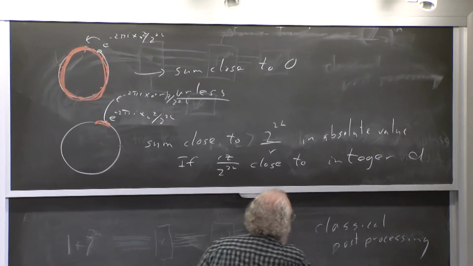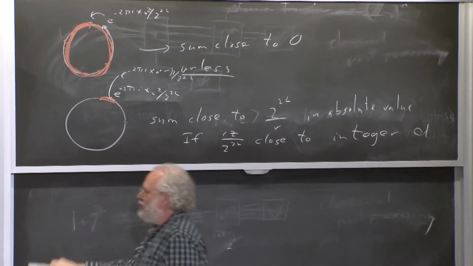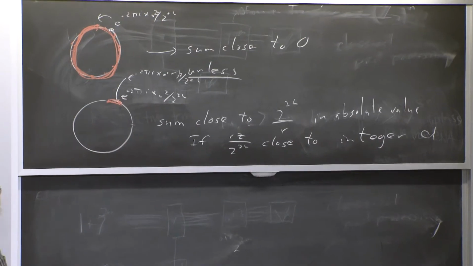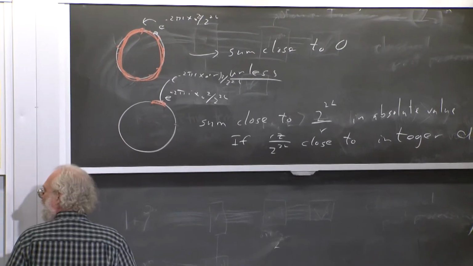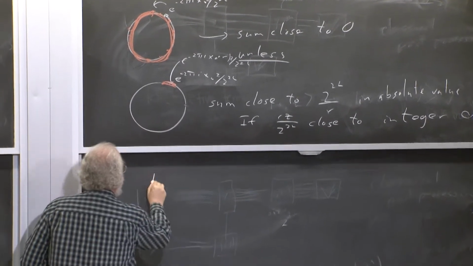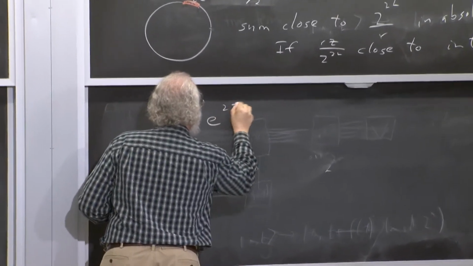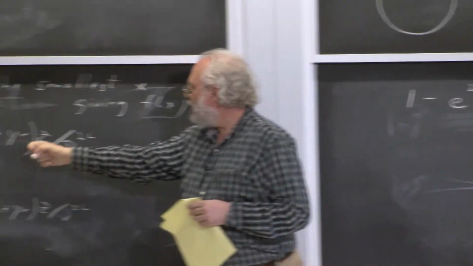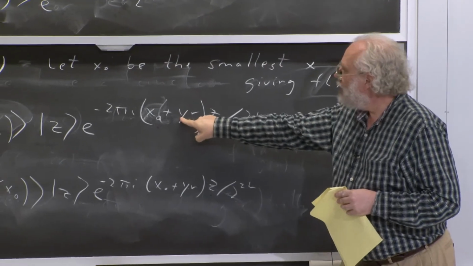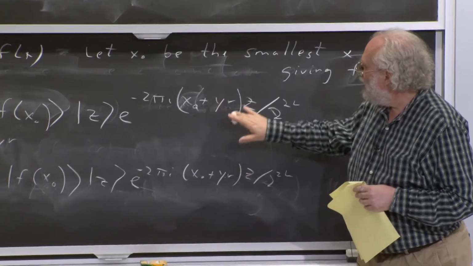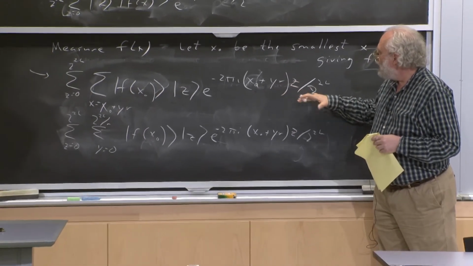So now what I'm going to do is actually do the geometric sum. So the geometric sum is 1 minus e to the 2 pi i, we want the last term of the sum. So that's 2 to the 2L rz over 2 to the 2L.